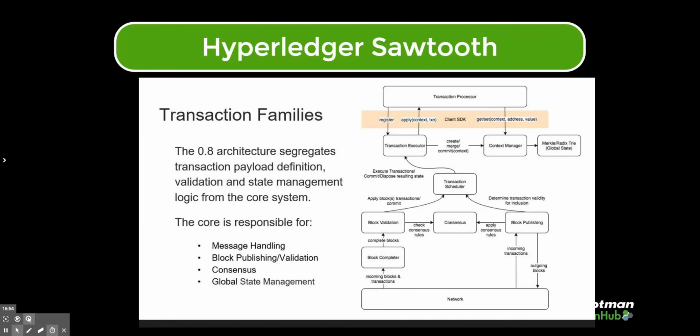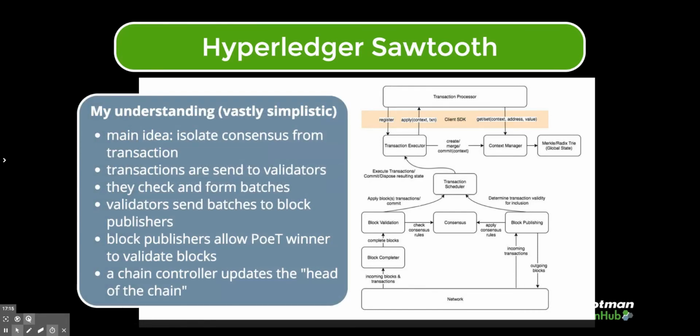Right now, the architecture is a little similar to what we have seen in other applications, but needless to say, this is much more database management oriented. So here's my very, very simplistic view of how this works. The idea is that they want to isolate consensus from the transaction validation.